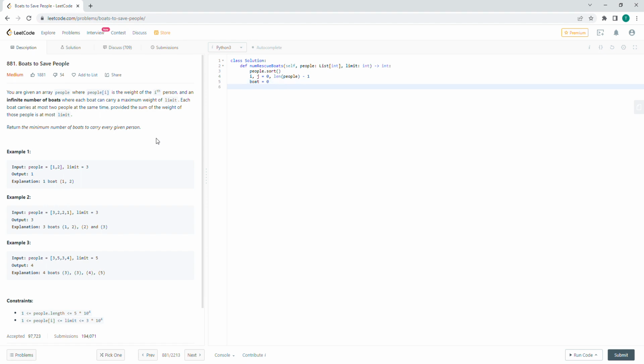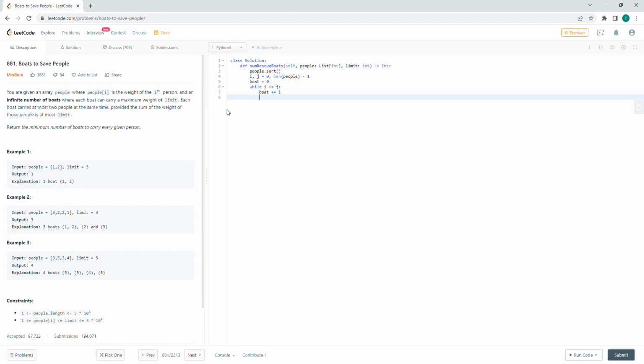So we're going to form a while loop here. While the index i of the lightest person is less than or equal to the index j of the heaviest person. I didn't think about that at first, but if they're equal, that means we compare them together. Therefore, we should increment our boat by 1. Once we have incremented our boat by 1, we need to check if the limit works or not.